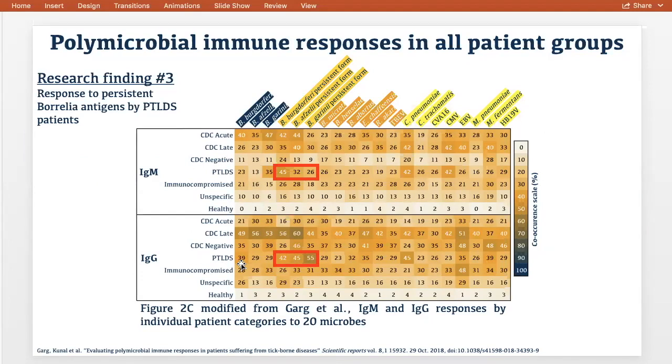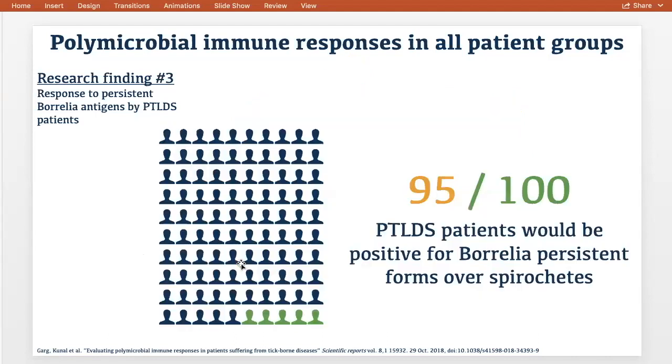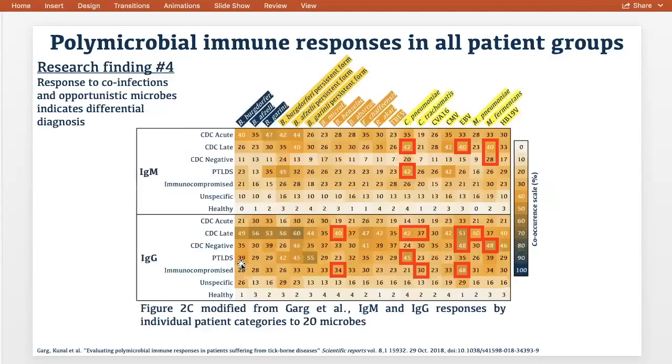So if you were to take 100 post-treatment Lyme disease syndrome patients at random, and that is the statistical test we did, we found that 95 of them would respond to the Borrelia persistent forms over the spirochete structures, which is, again, a very interesting finding.